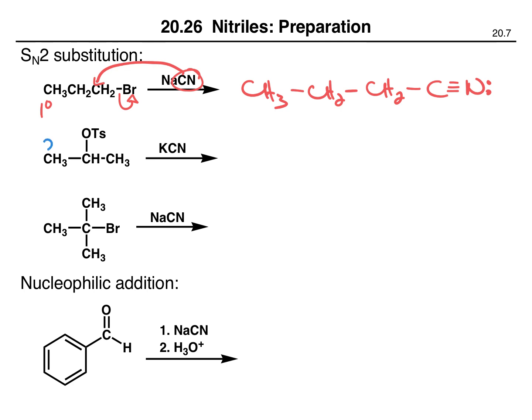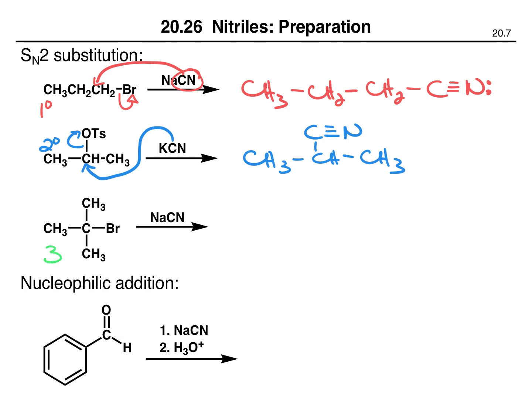If we have a secondary alkyl halide or alkyl tosylate, something with a leaving group, cyanide is mild enough or weak enough that it will still do SN2 substitution, not E2 elimination. So in this case, we will make this nitrile.